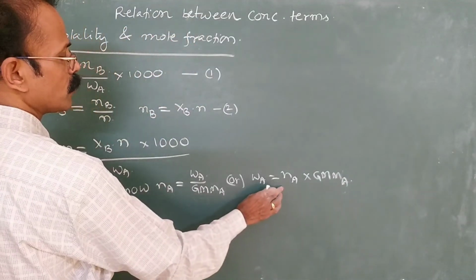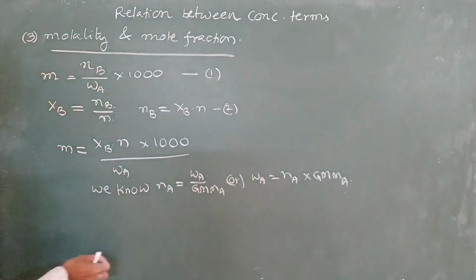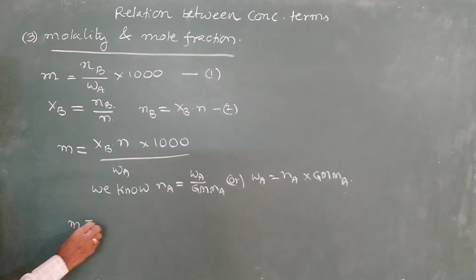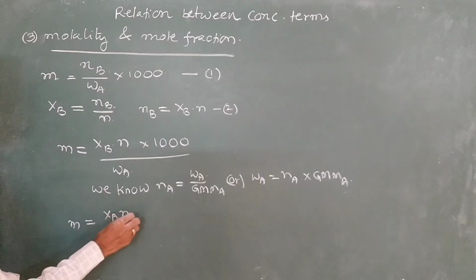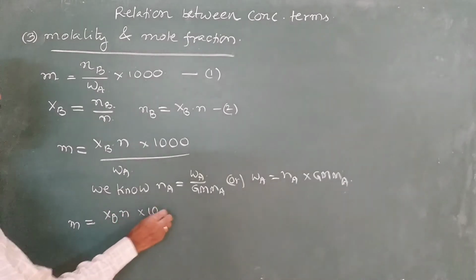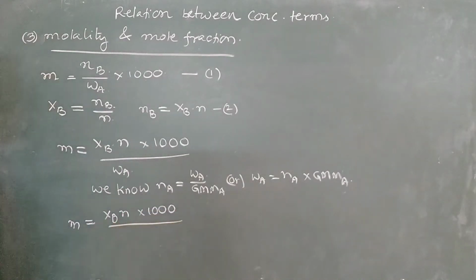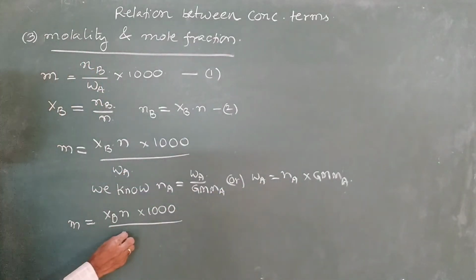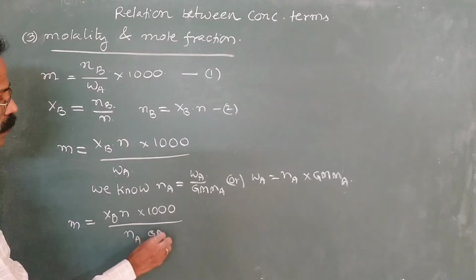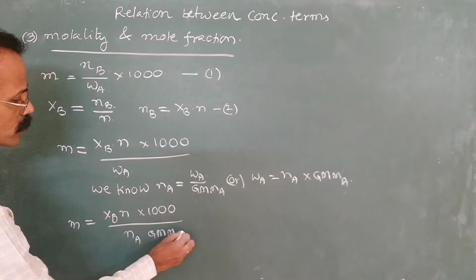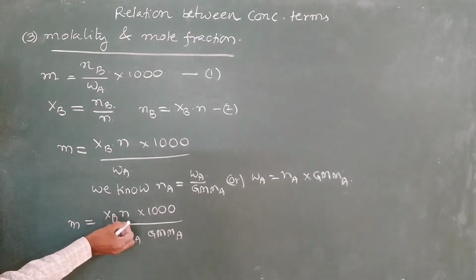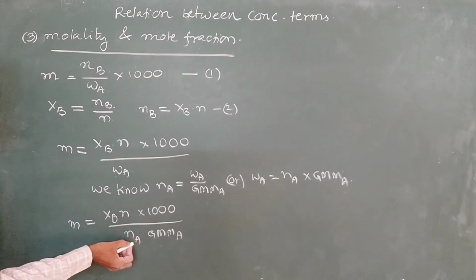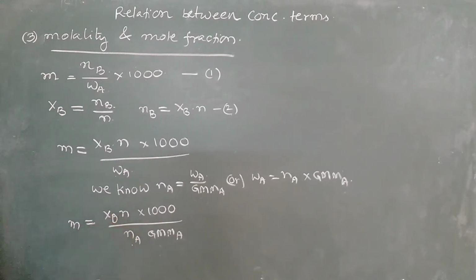We'll substitute this here. Then molality is equal to Xb into N into 1000 divided by number of moles of solvent into gram molar mass of solvent. So here we have total number of moles by number of moles of solvent.